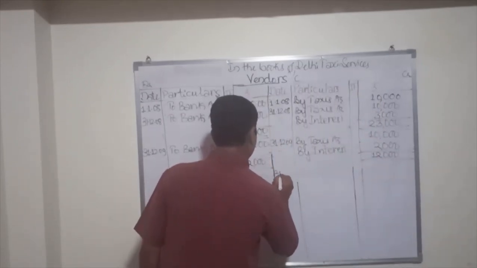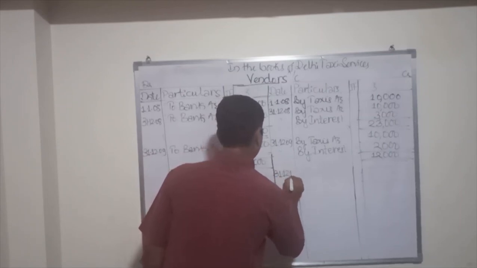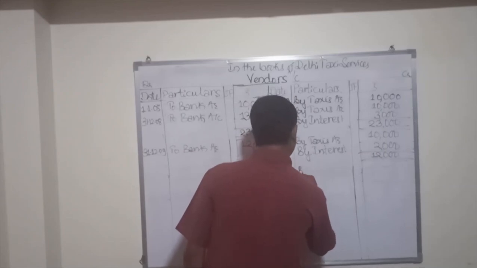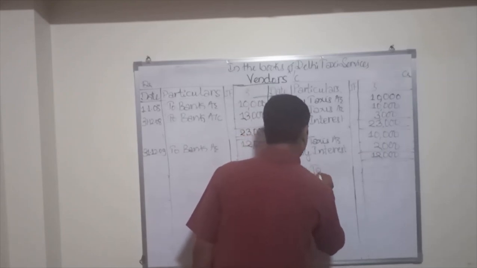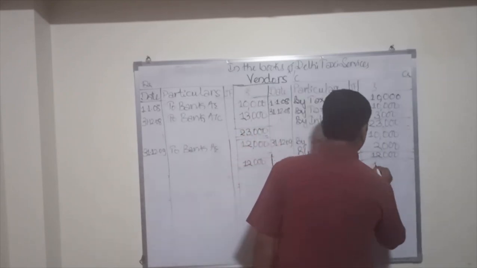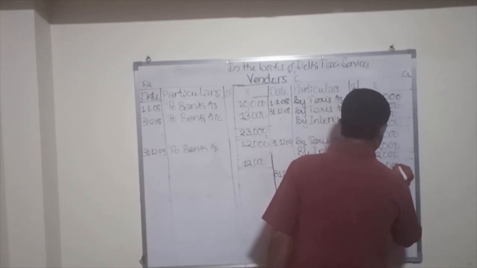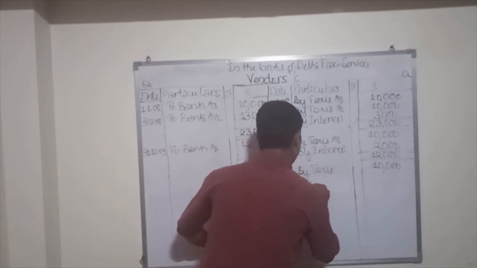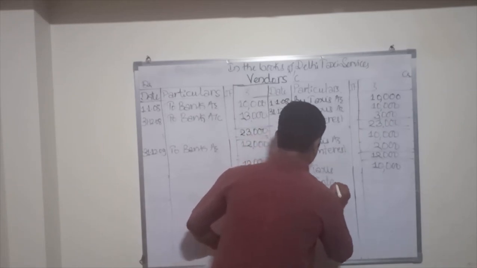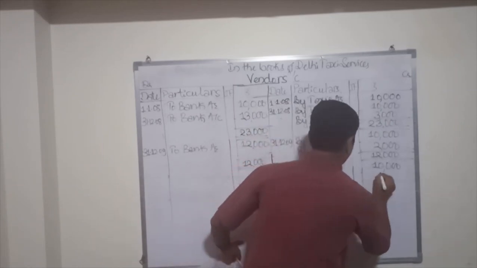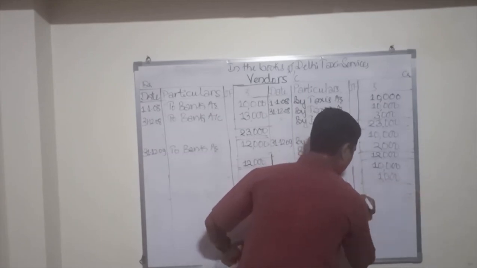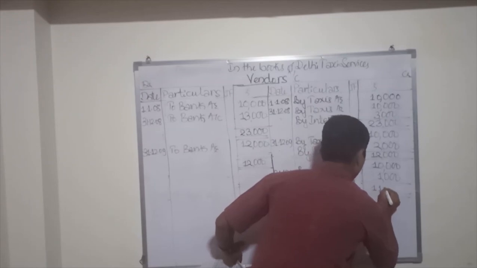Then the last installment is due on 31/12/2010. Then the entry will be taxes account debit, interest account debit to vendor's account. So vendor's account is credited by taxes with the principal amount of rupees 10,000. And in the last year the interest is 1,000 only. So by interest 1,000 here. So the sum here will be 11,000.